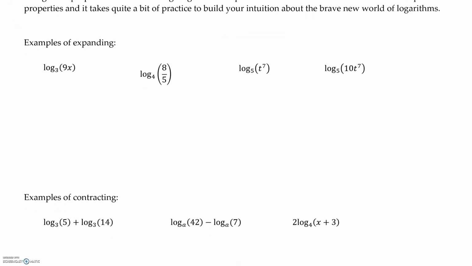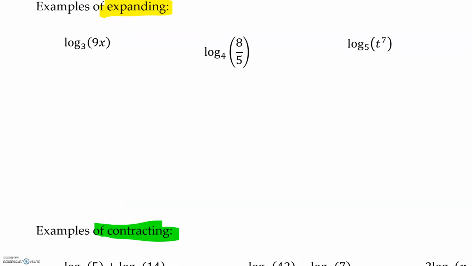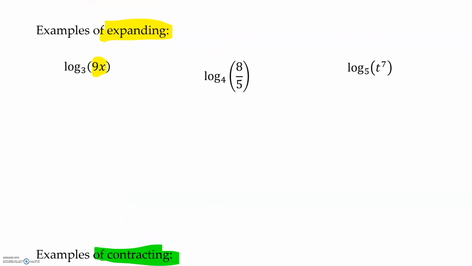So the two things can basically be summed up as expanding. If we have a single logarithm, we can expand it sometimes into the sum or difference of logarithms, and contracting. So we can expand a logarithm if the argument is a product or a quotient. So if things are multiplied or divided inside the logarithm, we can expand it.